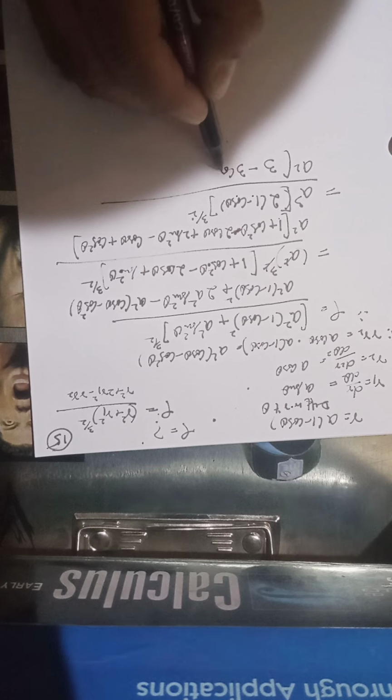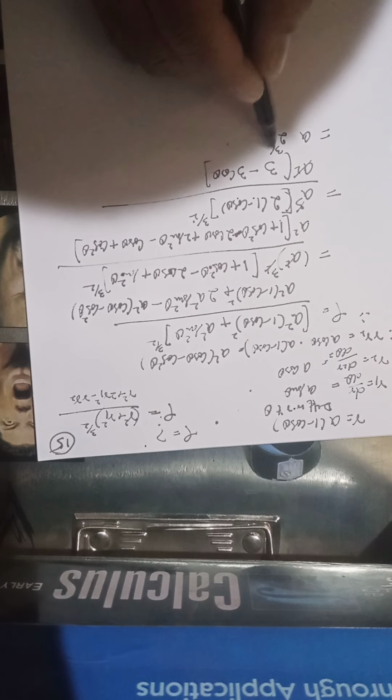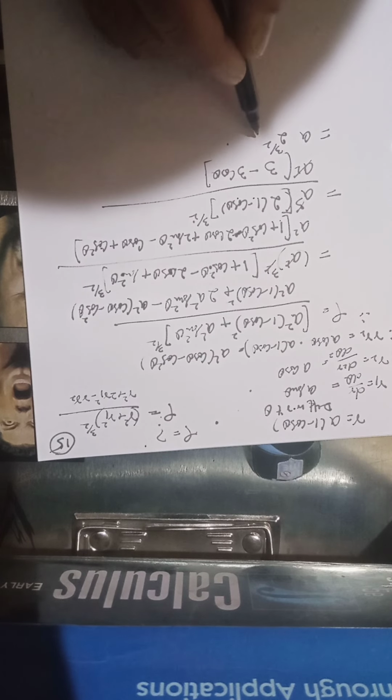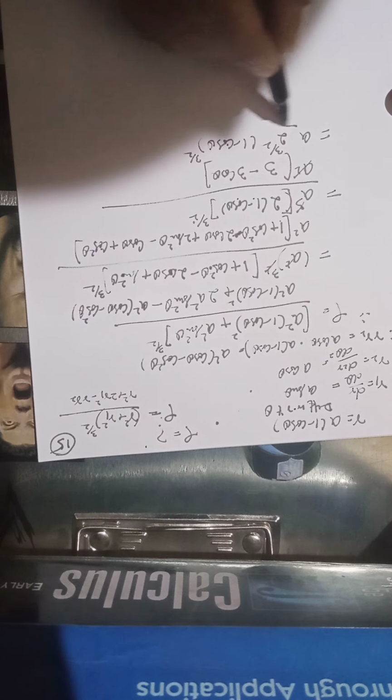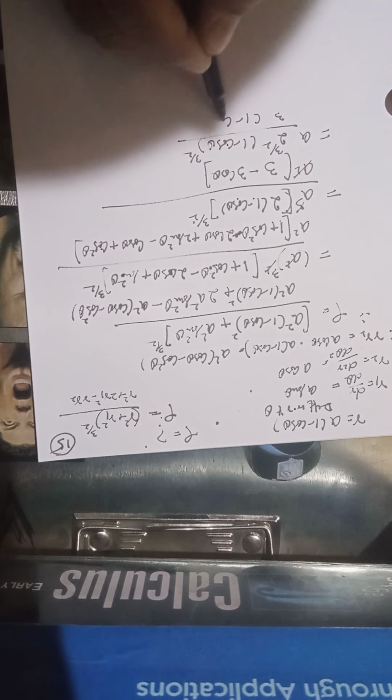Then this is minus 2cosθ and minus cosθ, so it's minus 3cosθ. So you have 2^(3/2)(1 − cosθ)^(3/2) divided by 3(1 − cosθ).